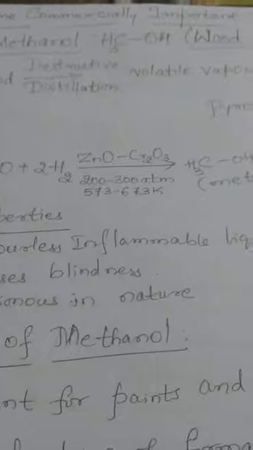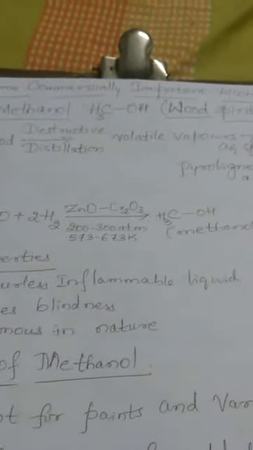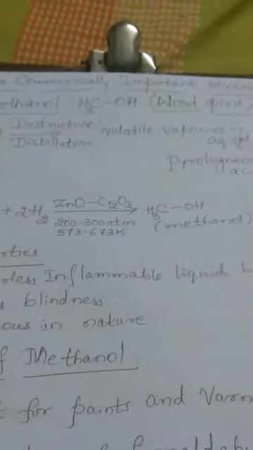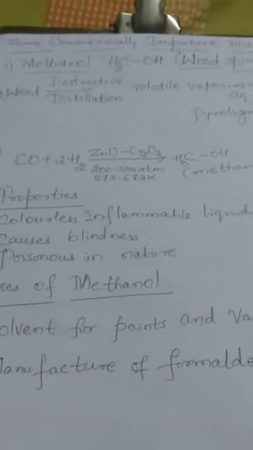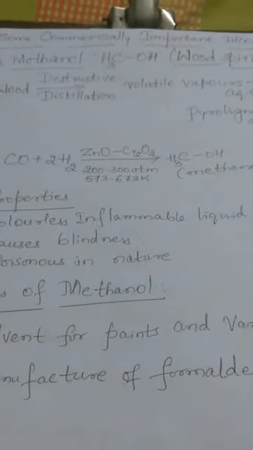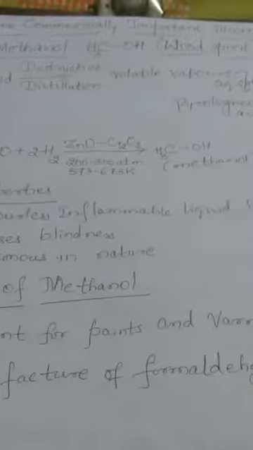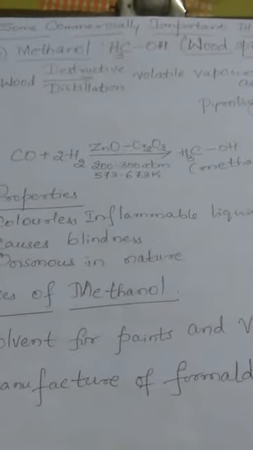Zinc oxide, chromium oxide mixture is taken as a catalyst, so that you will end up with the product methanol, CH3OH. So this is the commercial preparation of methanol.